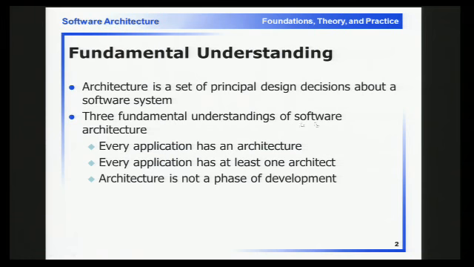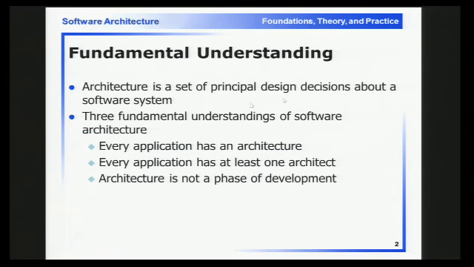And there are three fundamental understandings of software architecture. First, every application must have an architecture, no matter whether it's explicit or implicit. Most likely, especially in agile system development, architecture can be very implicit in developers' minds without being specifically documented.